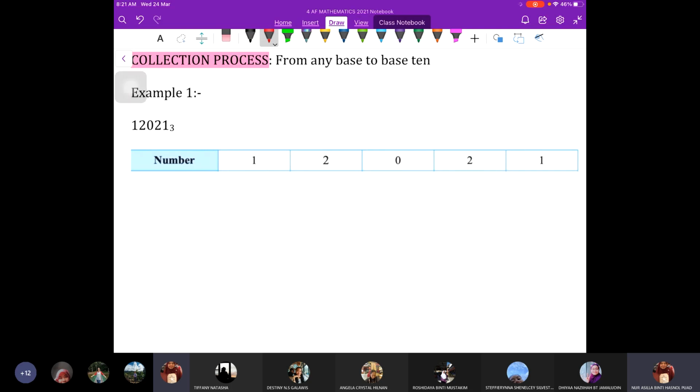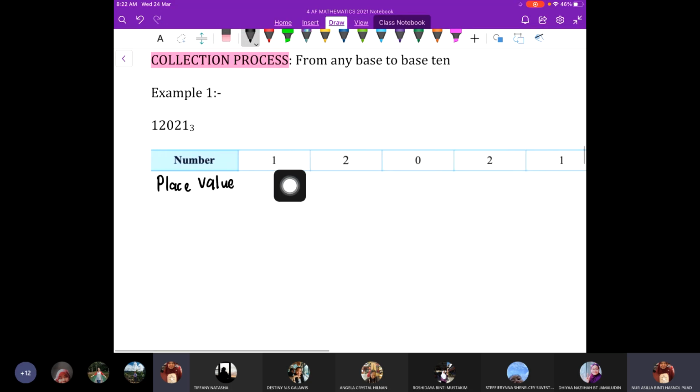Okay, so now let's look at collection process. Kita go through benda yang kita dah belajar tadi. Now we have place value. Okay, so if you see place value, kita ada nombor 1, 2, 0, 2, 1. So this in base 3.